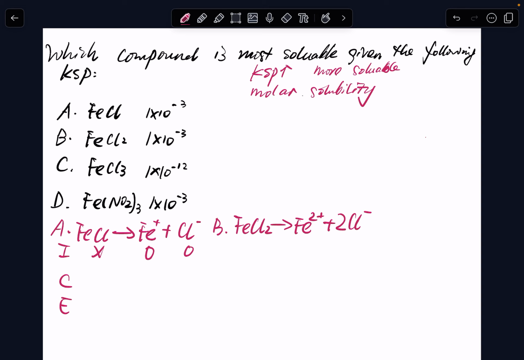Then the change is when the reaction is happening: I use up my reactant FeCl, so I minus x, and I add x for each product. At equilibrium, I have x minus x, which is 0, and then x and x for the products.